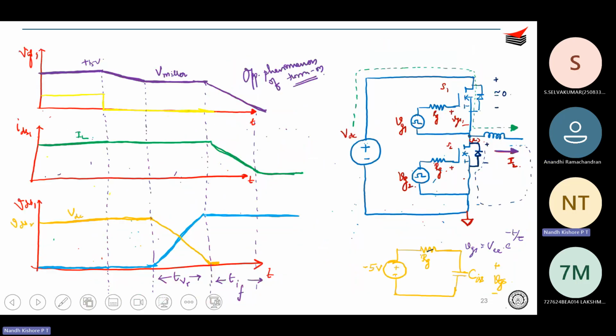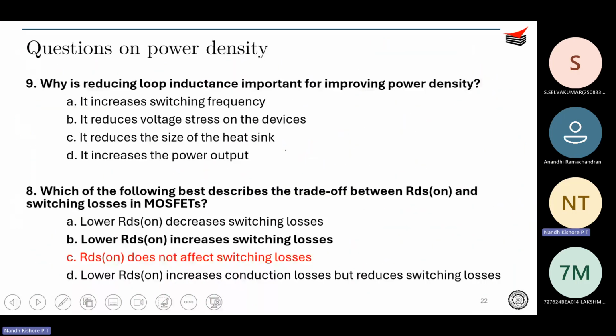Then what is the answer for question number 9? Why is reducing loop inductance important for improving power density? It reduces the voltage stress.